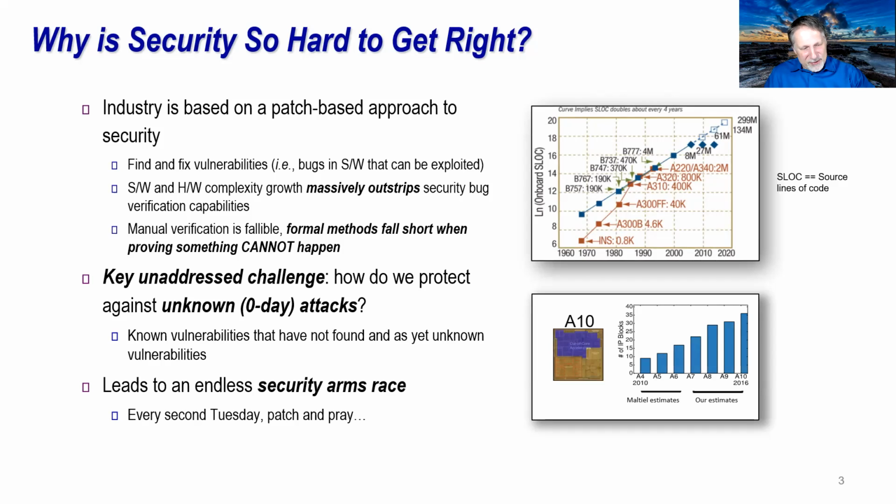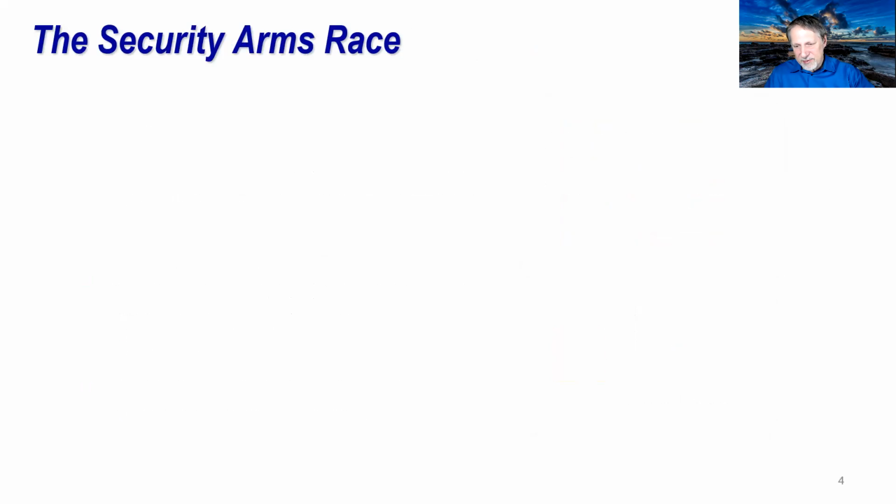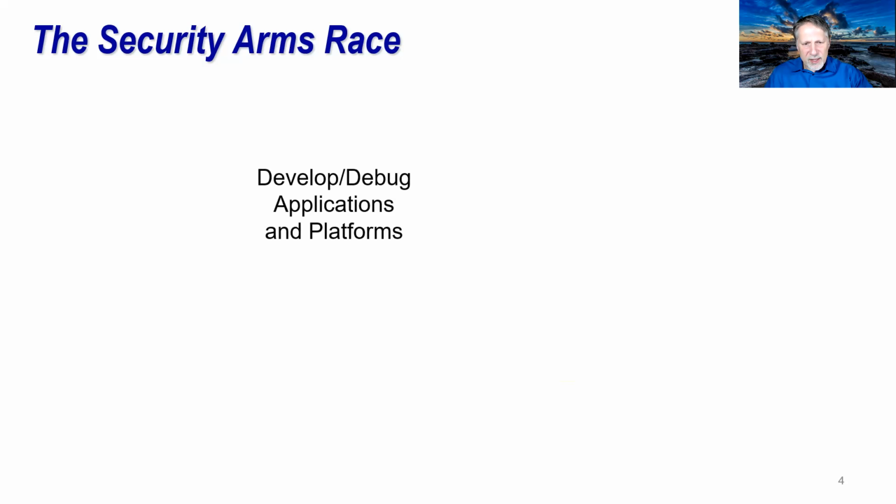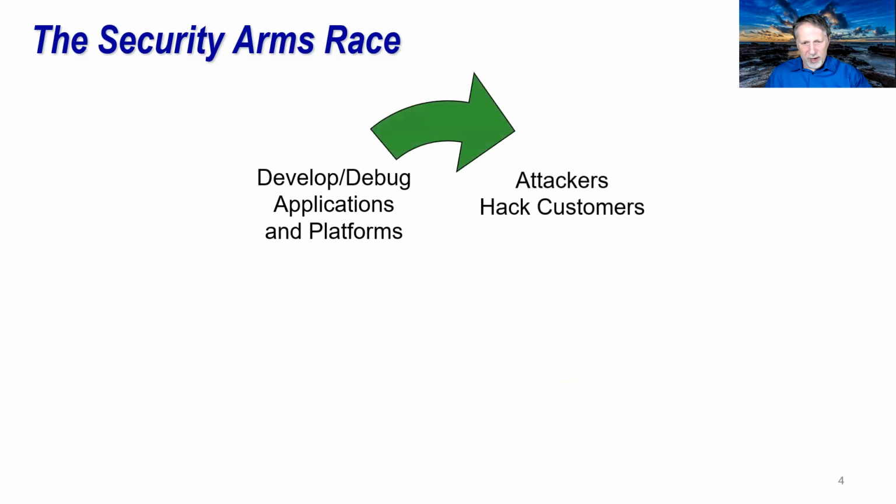So the trick to doing well at security is to always be engaged in it. It's an endless battle, and what happens is we end up entering what's called the security arms race. It's very difficult to escape this, but to not be in the security arms race really means that you're building vulnerable systems. The way the arms race works is we build our platforms, we deploy our platforms, they get hacked, and our customers get upset.